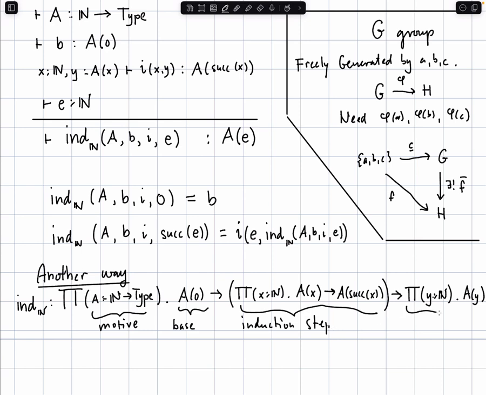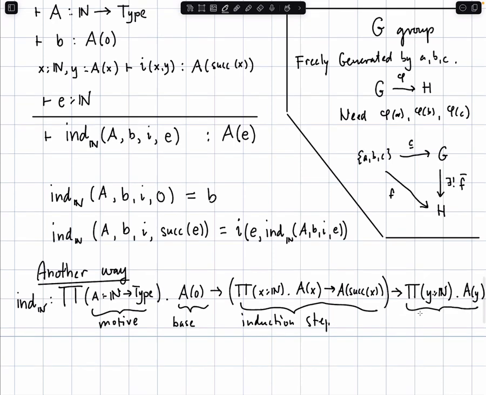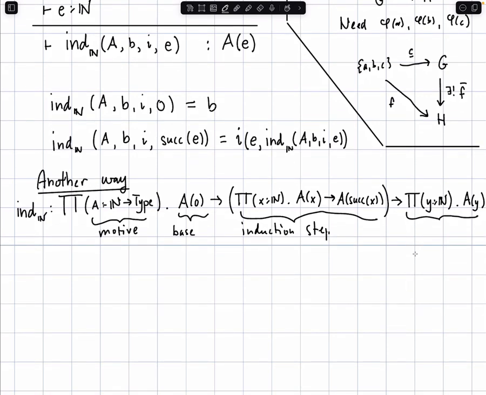And this, what is this? Well, this is a section. Why do I say a section of A? Well, because this is like a function which for every natural number y gives me something in A of y.